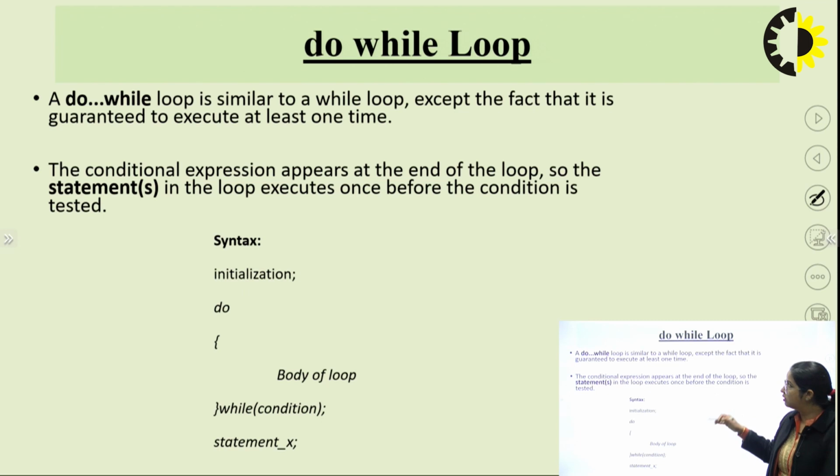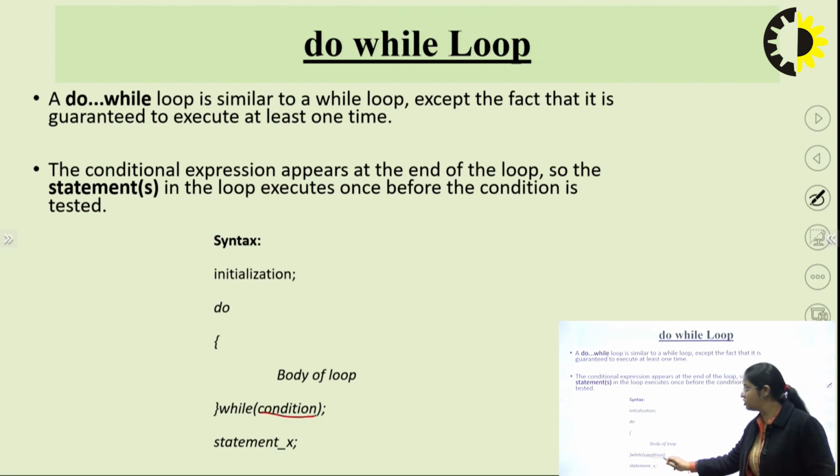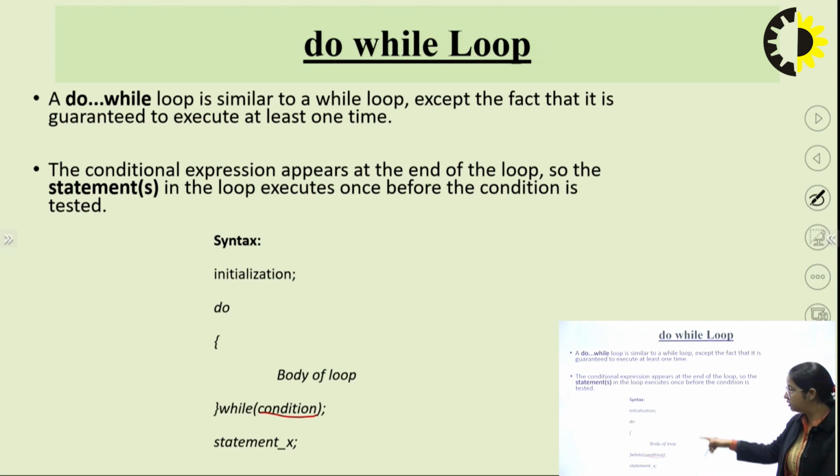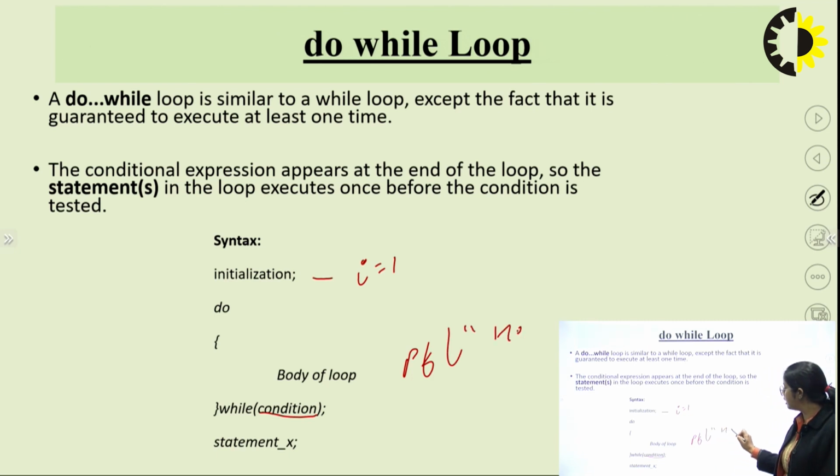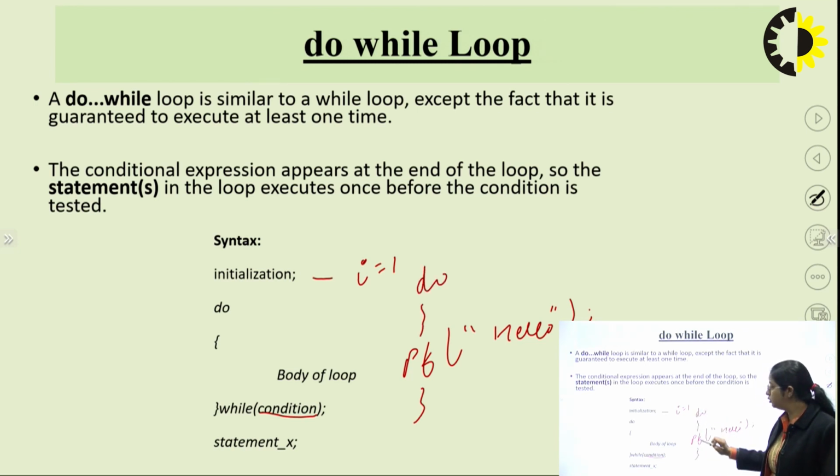In the do while loop, the condition is checked after the loop body executes. Here we are initializing the value, suppose I equals 12, then in the body of the loop we want to print something, so we print hello. Then it will check the condition.